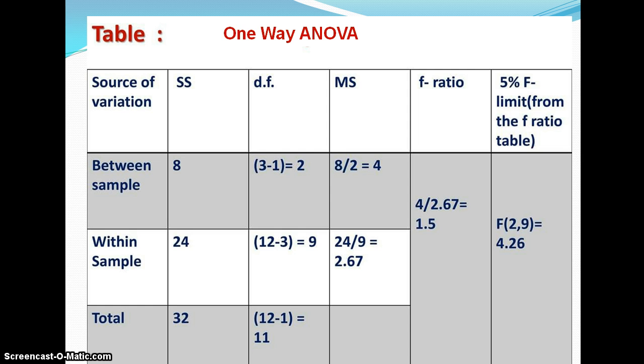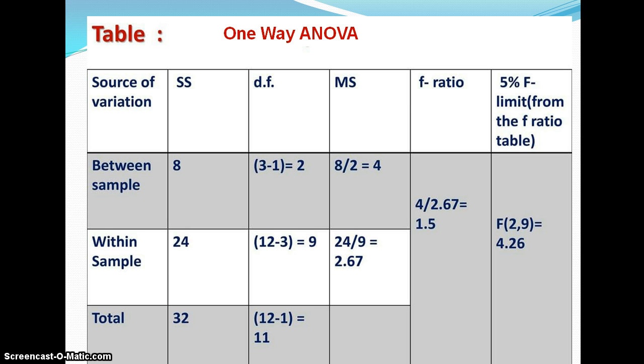The first column is source of variation, then sum of square, DF degrees of freedom, and MS means mean square. The next column is F ratio, that is Fisher's ratio, and this column is taken by the 5% level of significance, 5 LOS. This value is calculated by using the statistical table.